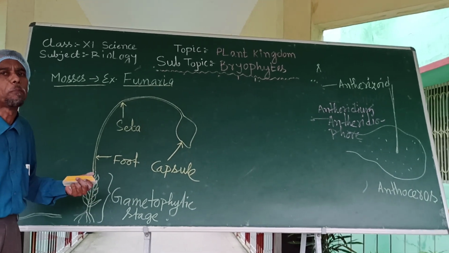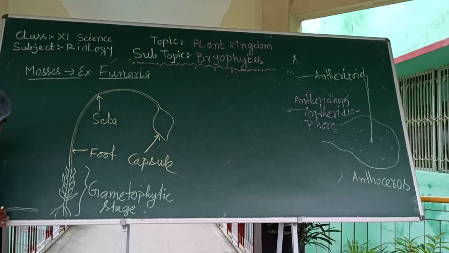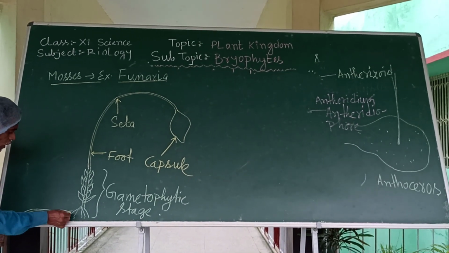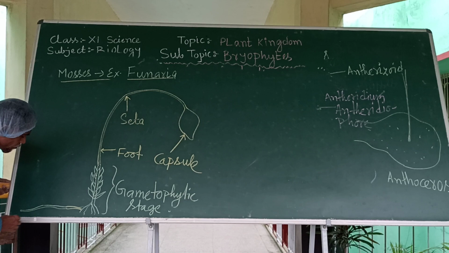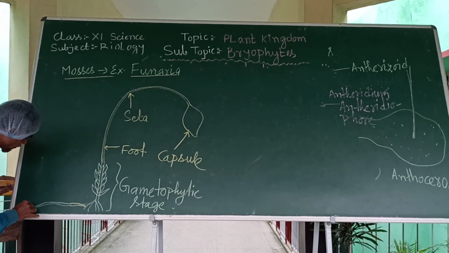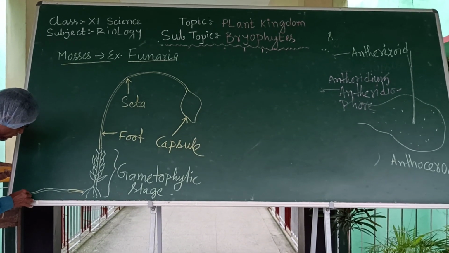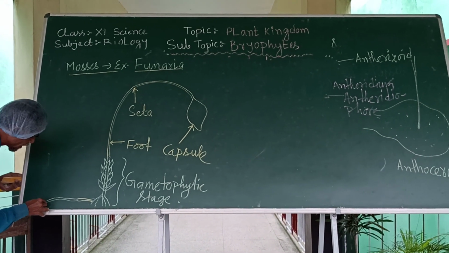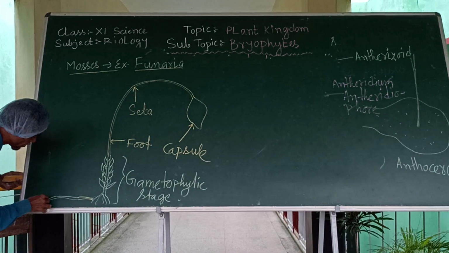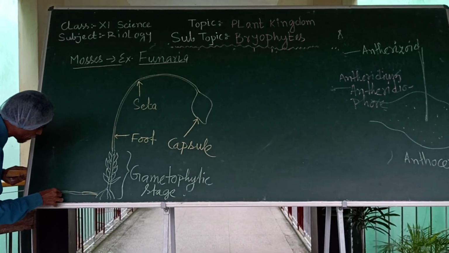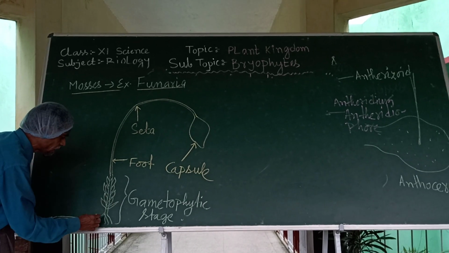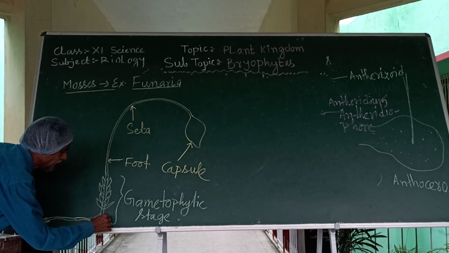That means it is a haploid structure, which is generally growing in a creeping form over the soil or rocky surface, just having leaf-like appendages, a small leaf-like structure, and during the period of reproduction, it becomes erect, having a root-like rhizoid.